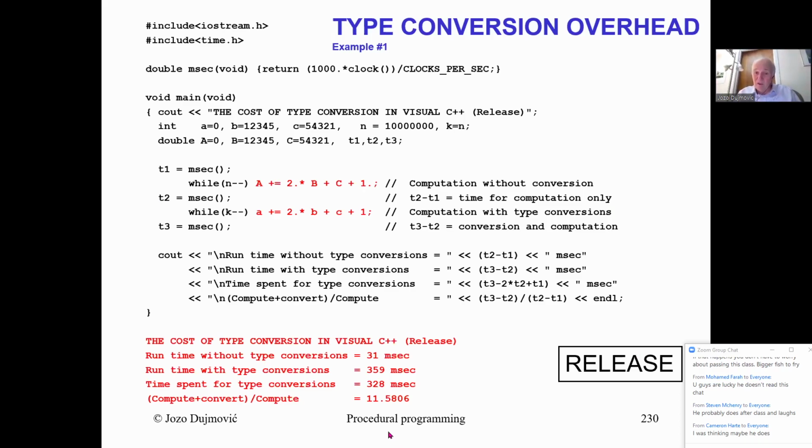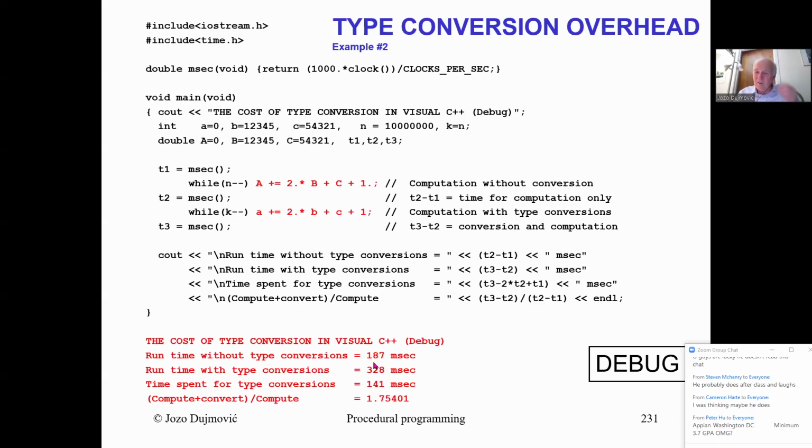In the debug version, this same program that runs 31 milliseconds, and this is, of course, Microsoft software, takes 187 milliseconds. So do you see what happens now? In the debug version, 31 becomes 180. So this is 6 times or something like that slower.